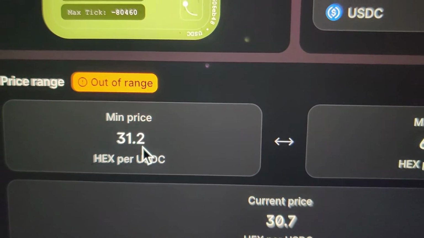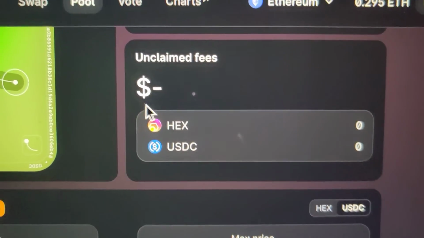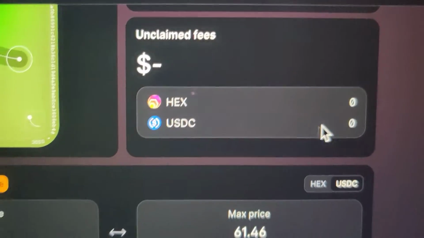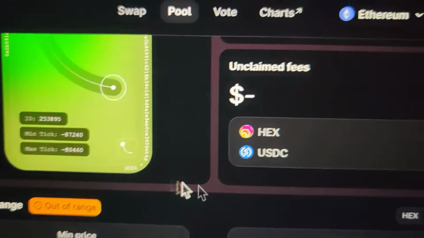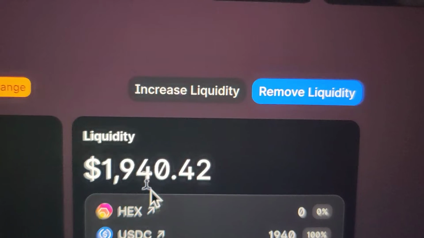And then as people buy Hex, I'll lose my Hex and I'll get USDC. Actually, the fees I think will stay.